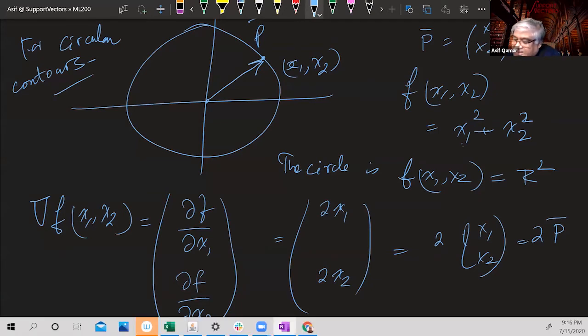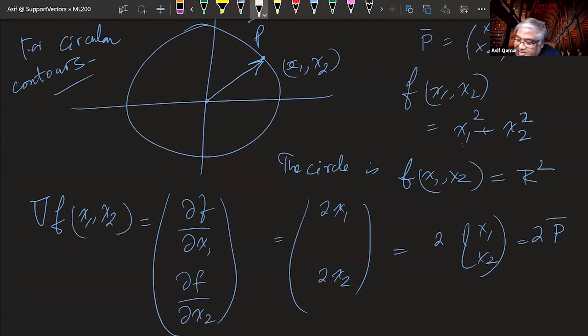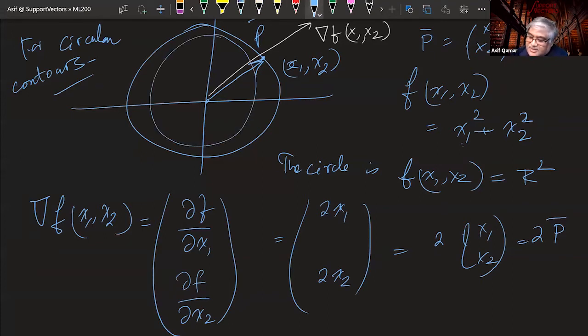So what does it mean? Where does the gradient point? Gradient is just a vector that points. This is the gradient of f(x1, x2). So far, so good? Now, there is an interesting lesson. If I look at lots of circles, these are functions with different constant values.